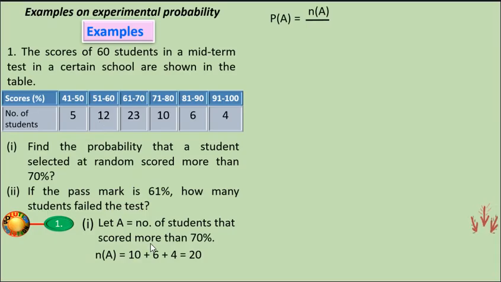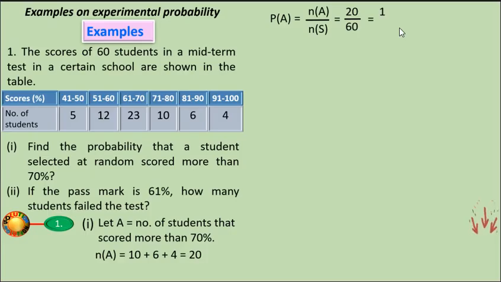Now, for the first one, finding the probability of a student selected at random scoring above 70, we have the number of successful events as 20, as we have calculated, while the possible outcome will be the addition of all these numbers we have here. We are told from the question there are 60, so you divide by 60.